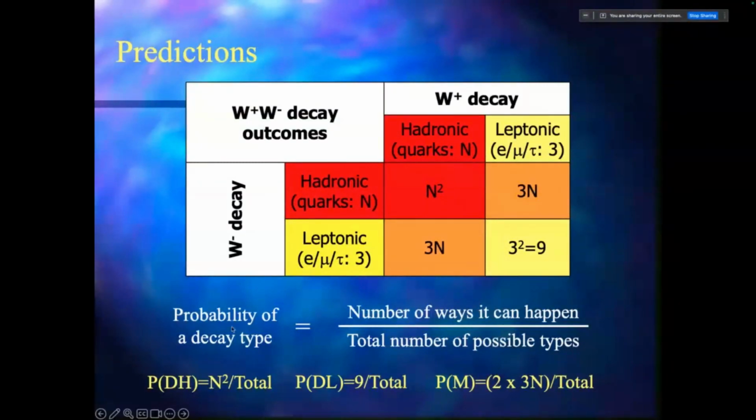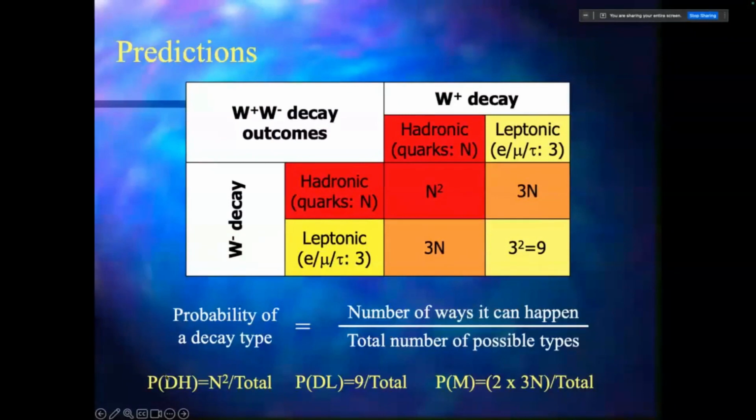And so when you think about the probability of a certain decay type, then that can basically be measured as the number of ways that it can happen if they're all equally likely, which I've told you they are, divided by the total number of all possible types. Okay, so this total would be the sum of these 4 values here.